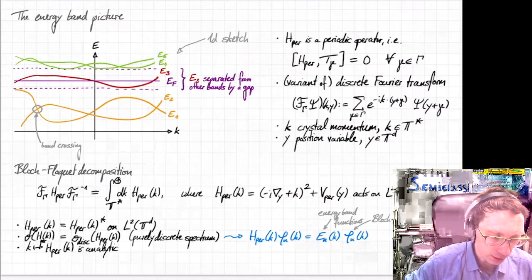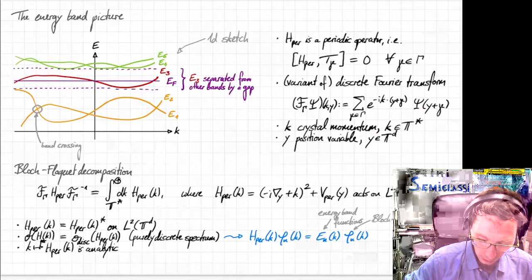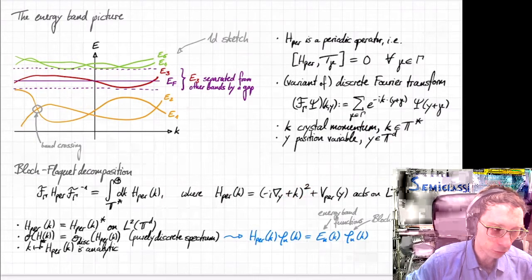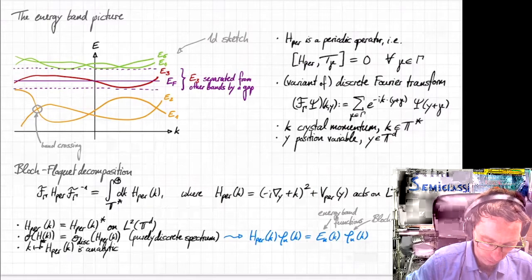This is a linear term which is infinitesimally small compared with the Laplacian. And then you have a K squared term which is also infinitesimally small compared with the Laplacian.